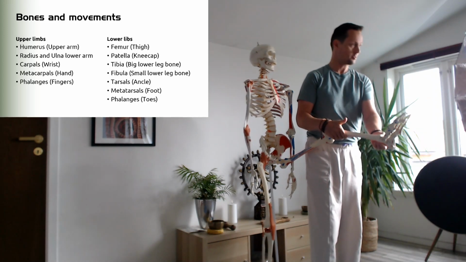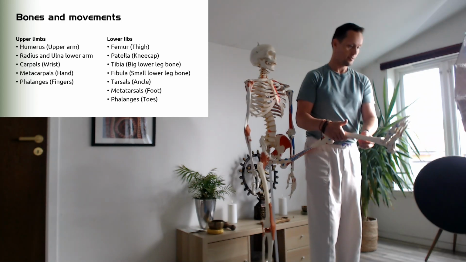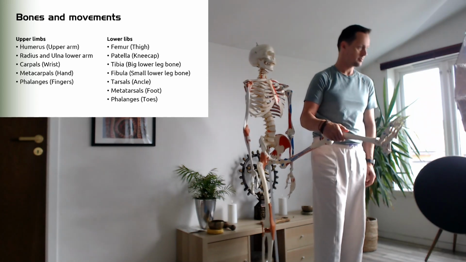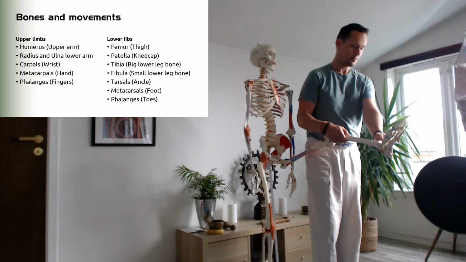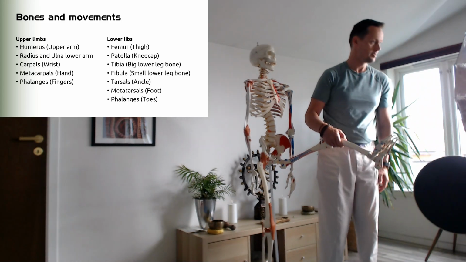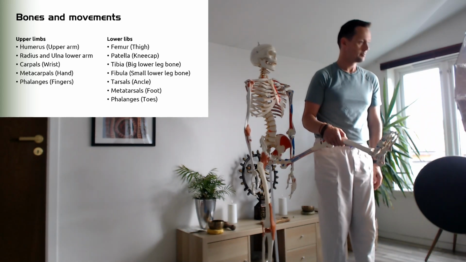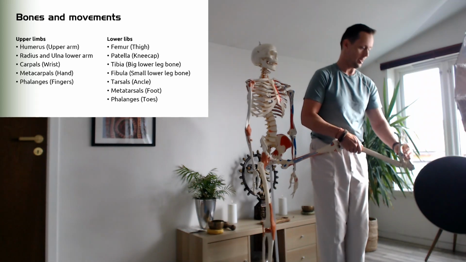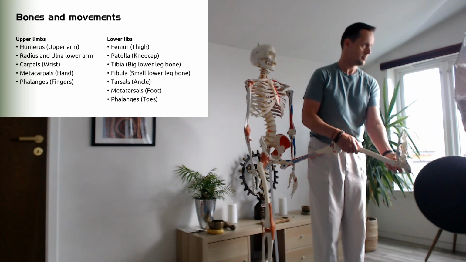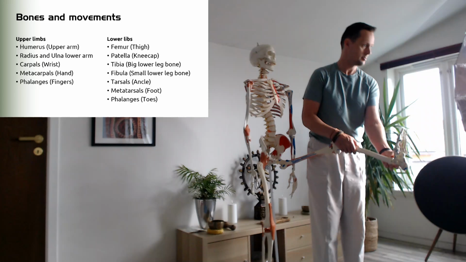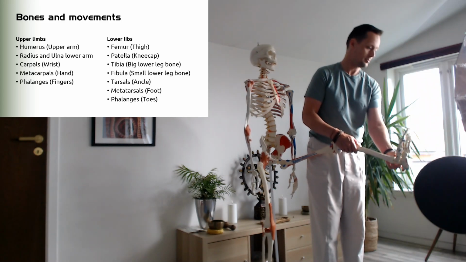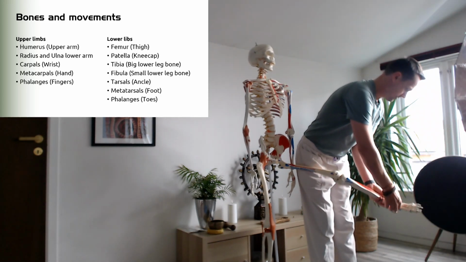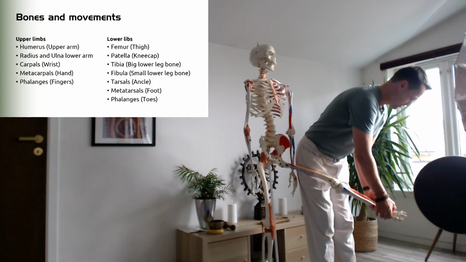The fibula is the small one. So this is the ankle, attached to the leg bones. This is the heel. This is the ankle. What do you call this?